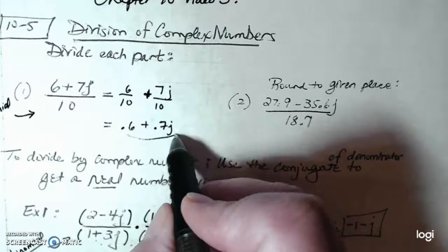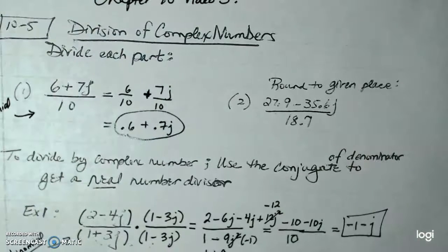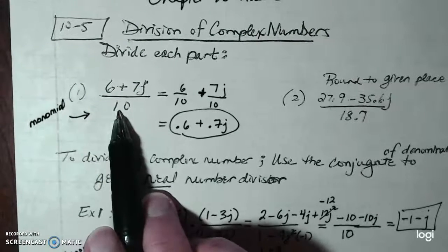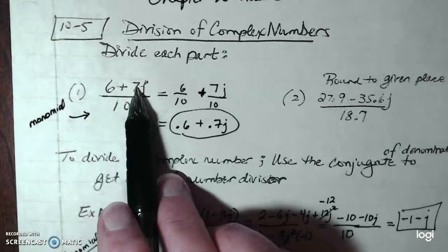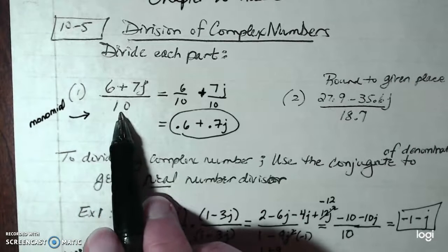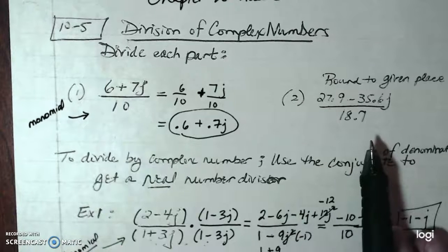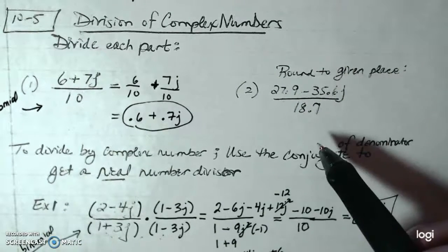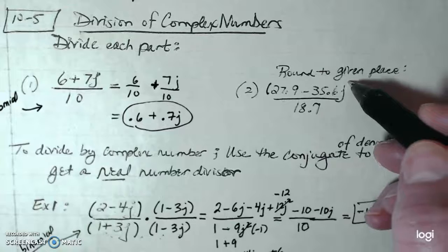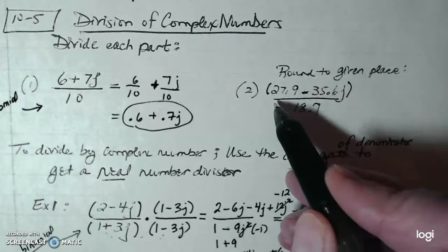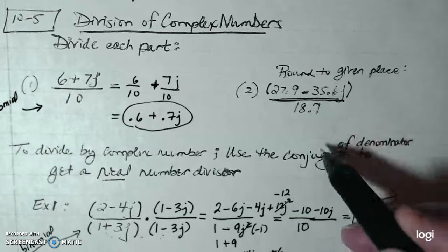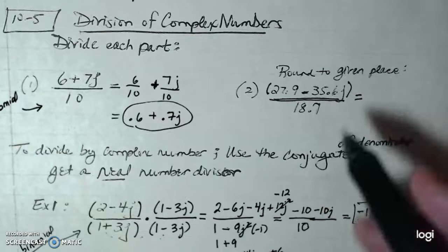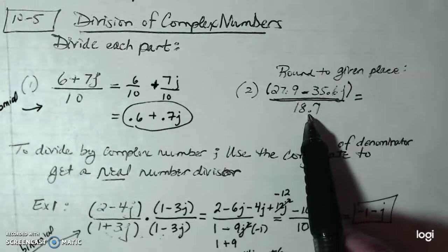And this would be the standard way that you would see this. So as long as you have a monomial in the denominator, you can divide each of the terms in the binomial by that monomial. Then on the final one, where we have a bunch of decimals here, you can put this in your calculator, use grouping symbols for the numerator, and then your division key, and then 18.7 as your denominator. You can also split it up into two problems if you choose.